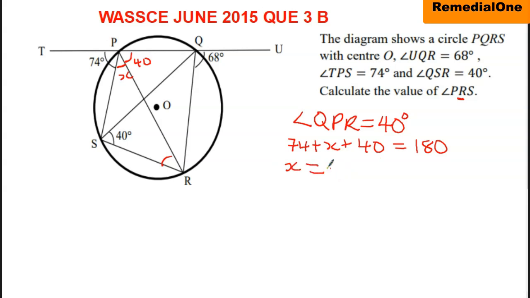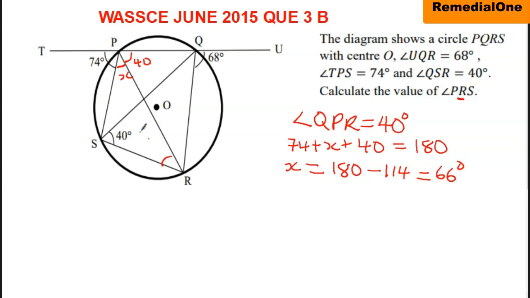So x will be equal to 180 minus, when you add these ones, 74 plus 40, that's 114, which is equal to 66 degrees. So this angle is 66 degrees.